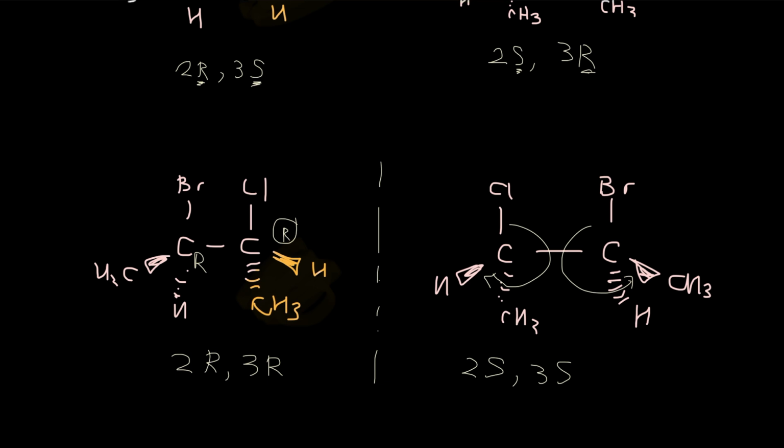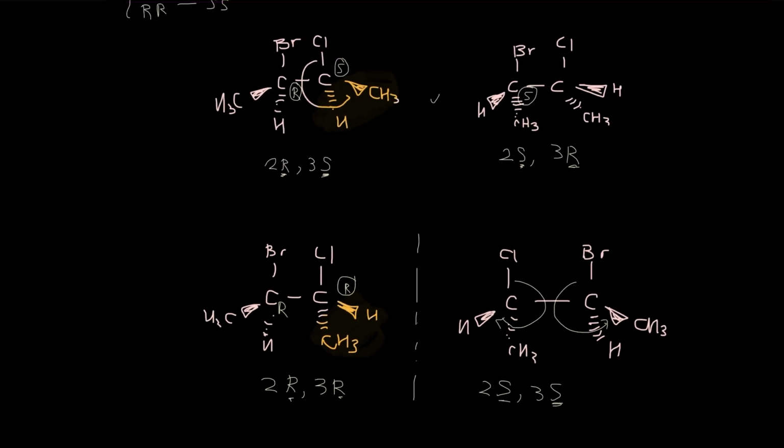So then we see that here is R and R, here's S and S. So both of these have swapped. So these two are enantiomers, and then these two are enantiomers as well, because all chiral centers have swapped their RS configurations.